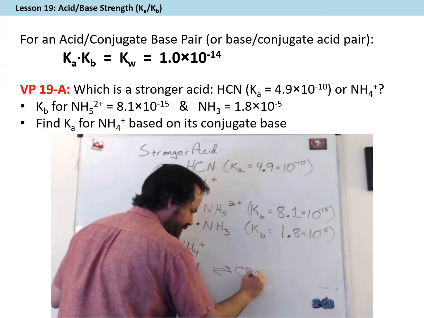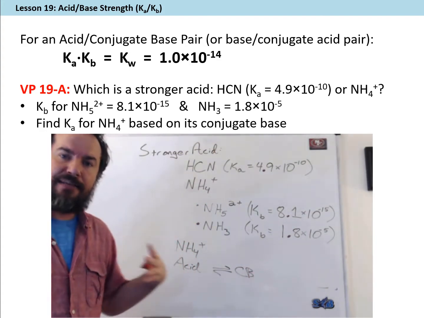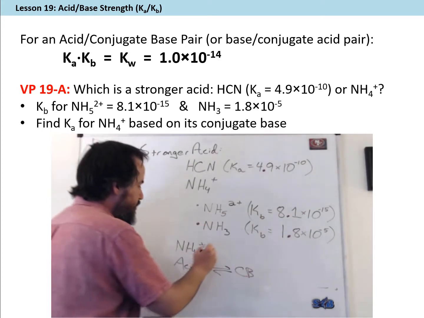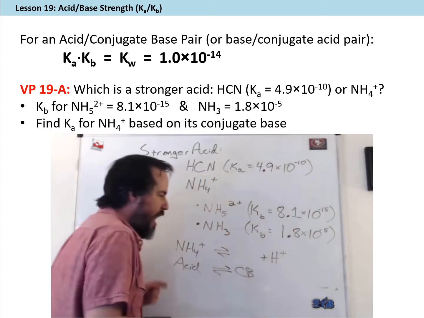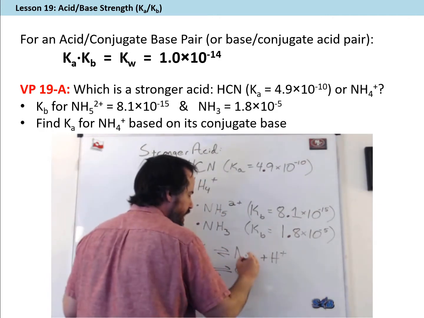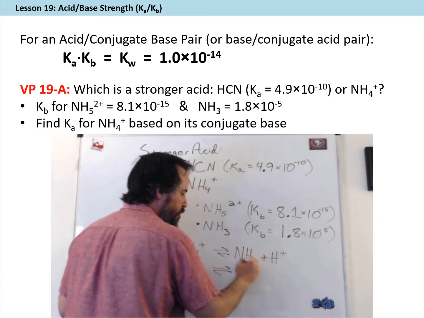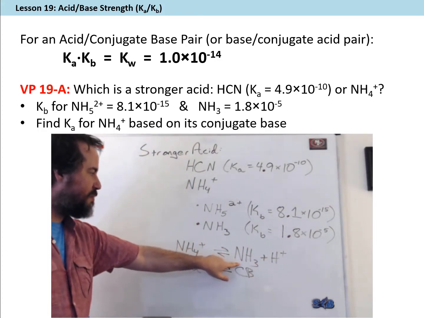So if I'm saying NH4 plus is an acid, and I want to know its conjugate base, I need to ask, what do acids do? Acids lose H plus. So what am I going to have left after I lose H plus? I'm going to have NH3. So this is my acid, this is my base.